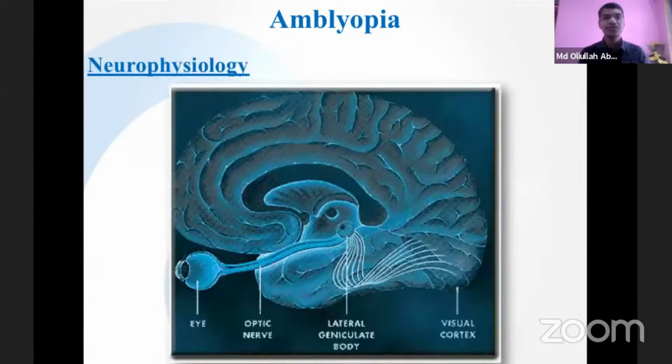To understand the neurophysiology, if you look at the visual pathway, at the ocular level we know it is absolutely normal. So something happens, whether in the optic nerve, the lateral geniculate body, or beyond that, the visual cortex. Let's have a couple of slides for those.